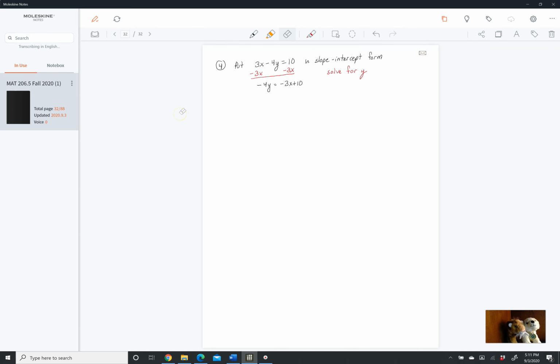So do this individually. In other words, take the negative 3x, divide by negative 4, and take the 10 and divide by negative 4, because they're going to reduce differently. And you want it to be written in the form of mx plus b, not as a single fraction.